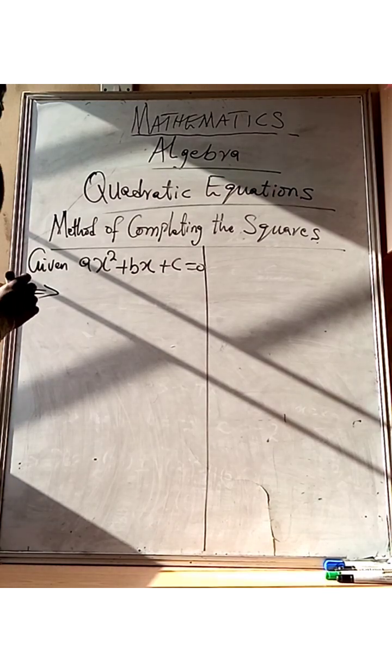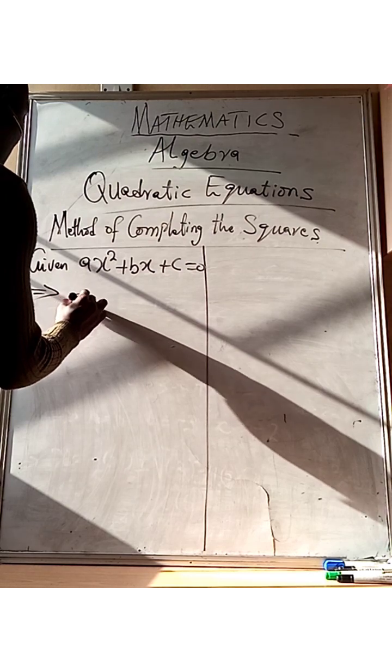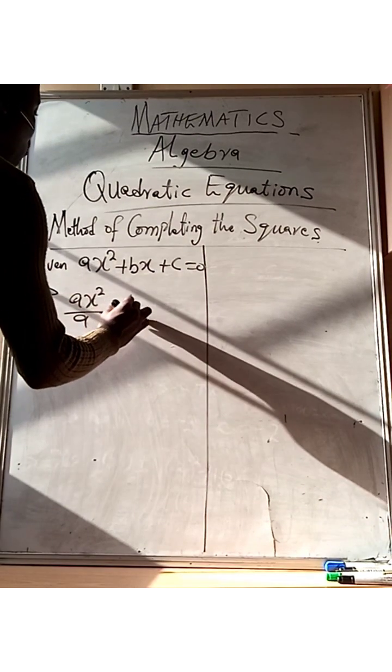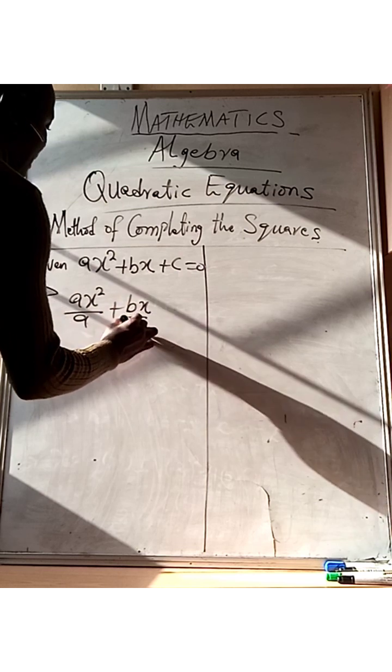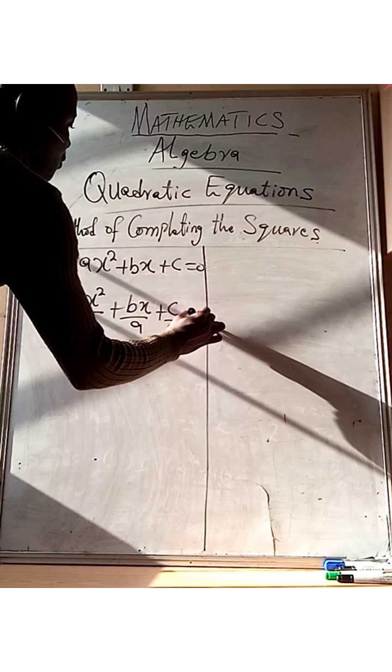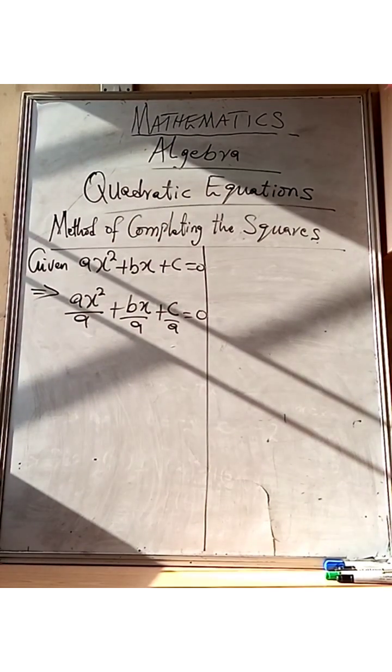So we are now going to have ax squared all over a plus bx all over a plus c all over a equals 0. Even if you divide 0 by a, it will still give you 0.